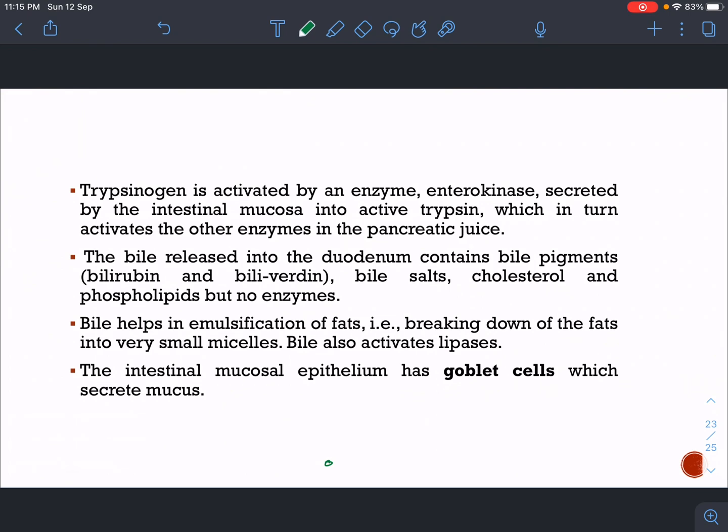Trypsinogen is activated by an enzyme enterokinase. Trypsinogen is a proenzyme which is converted into trypsin with the help of enterokinase.